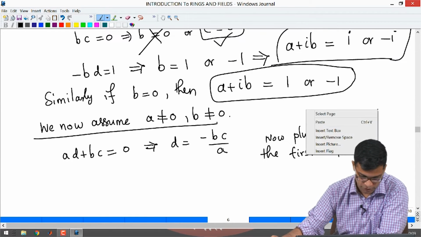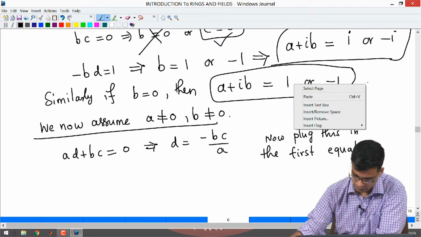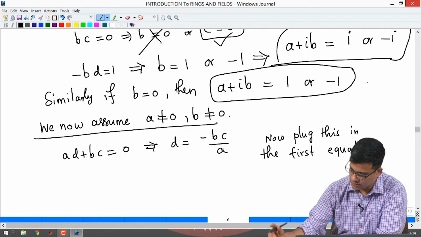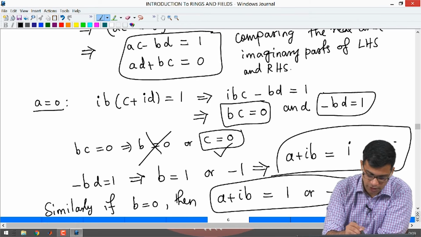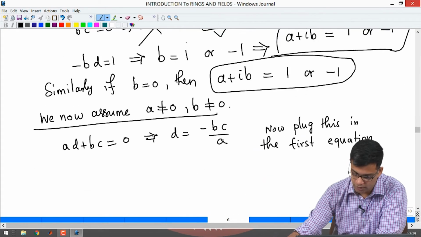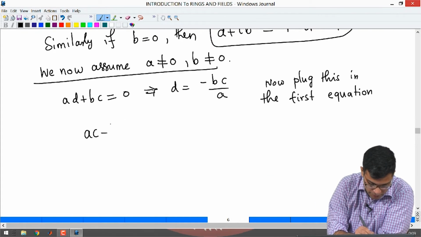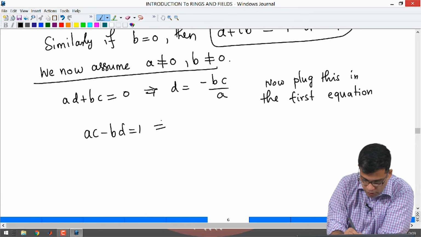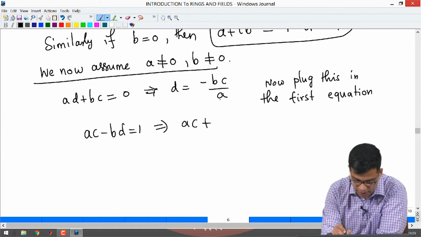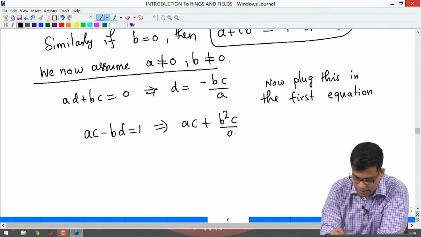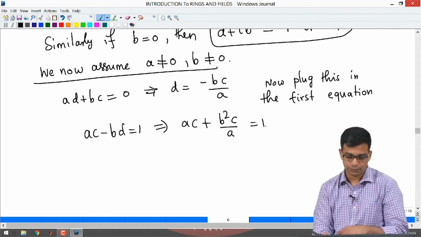So, first equation was AC minus BD is 1. So, that is the first equation. So, let us plug that in. So, we have AC minus BD is 1, plug that value of D here. So, you get AC minus BC by A times B. So, AC plus B squared C by A equals 1, right.